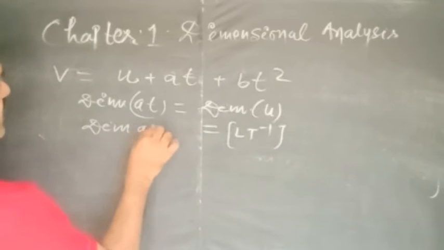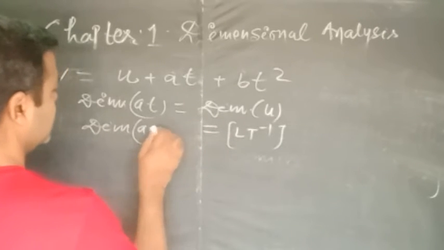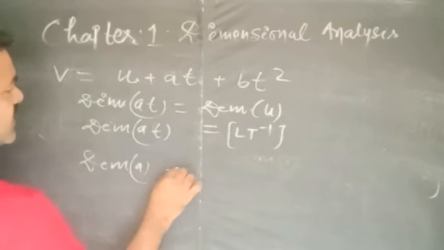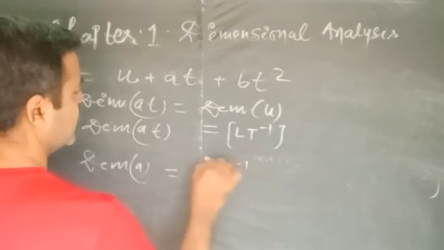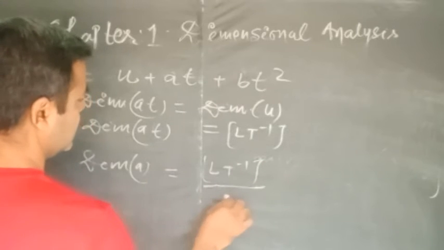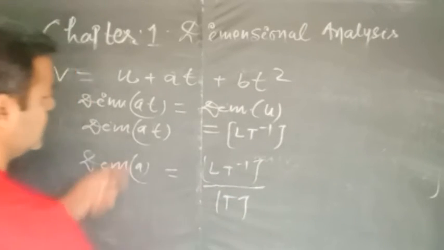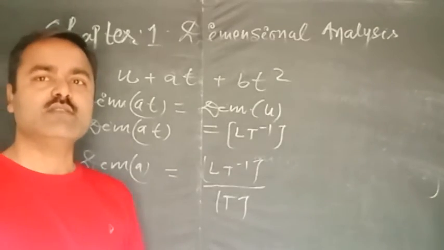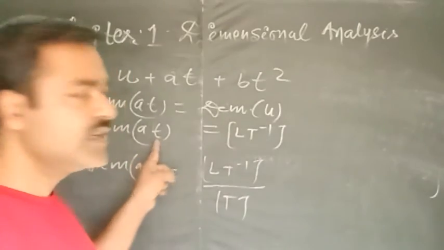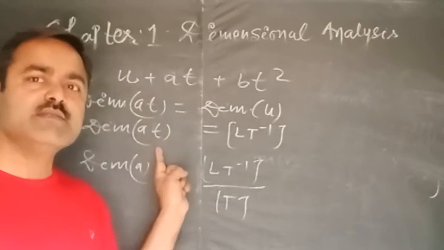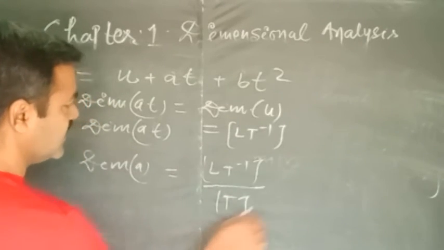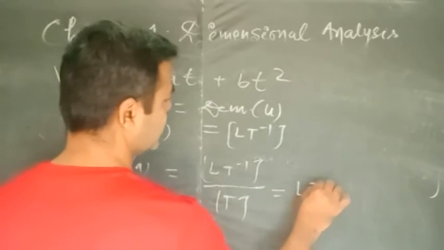And the dimensional formula of a into t, as I am writing, and in the next step the dimensional formula of a is LT⁻¹ upon T, because this will divide by T by cross multiplying. This is the time, so the dimensional formula of this is T, so LT⁻¹ upon T, and if we simplify we get LT⁻².